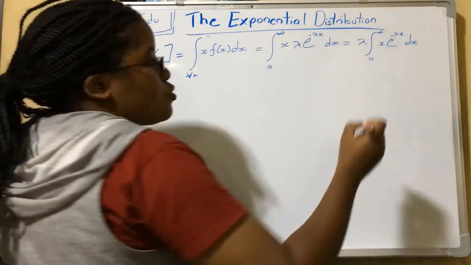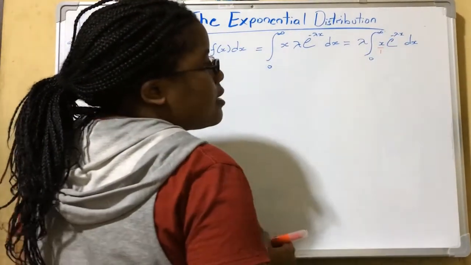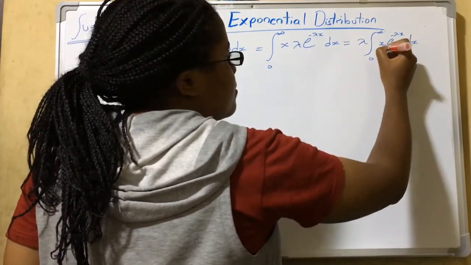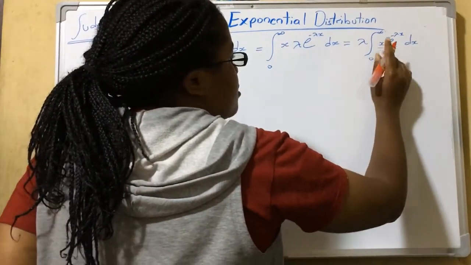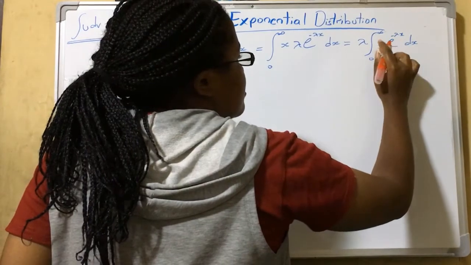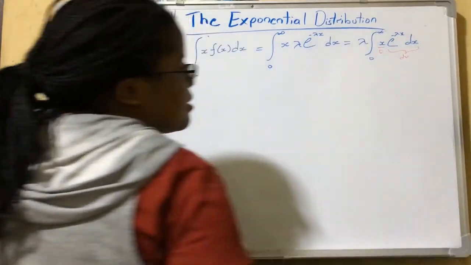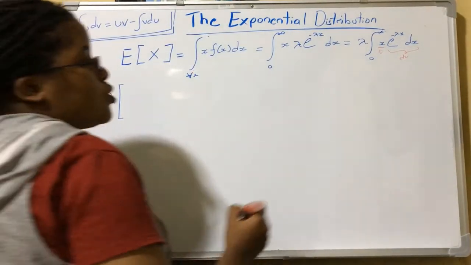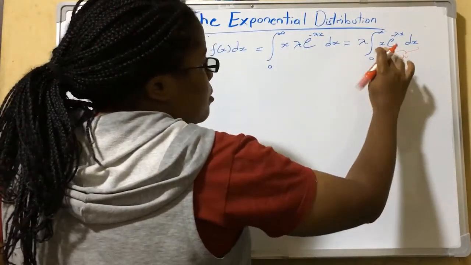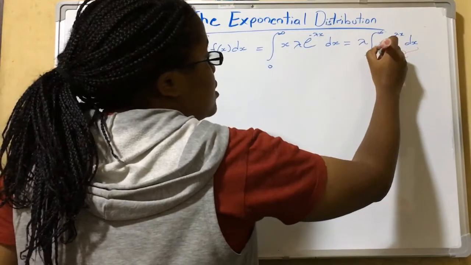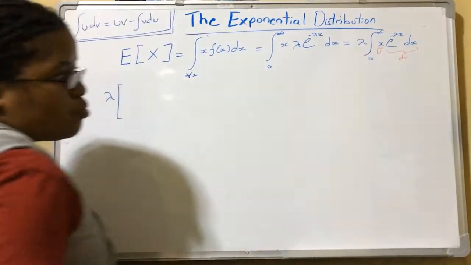I choose my u as x and choose my dv as everything else, so that I can get what du is and what v is from those two.